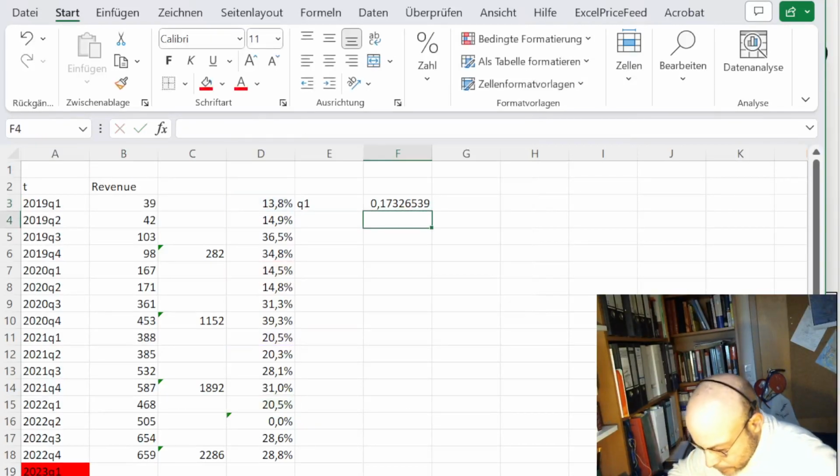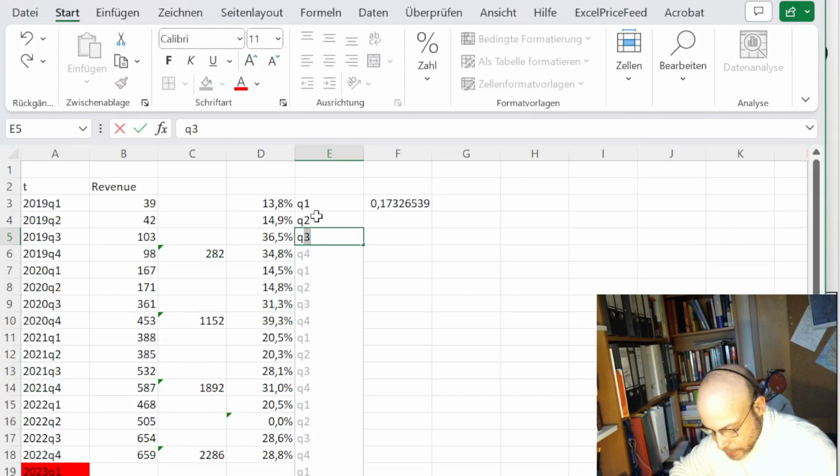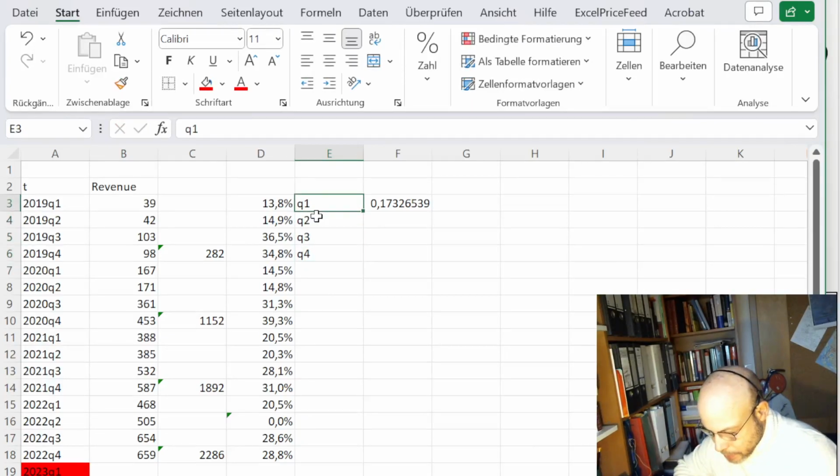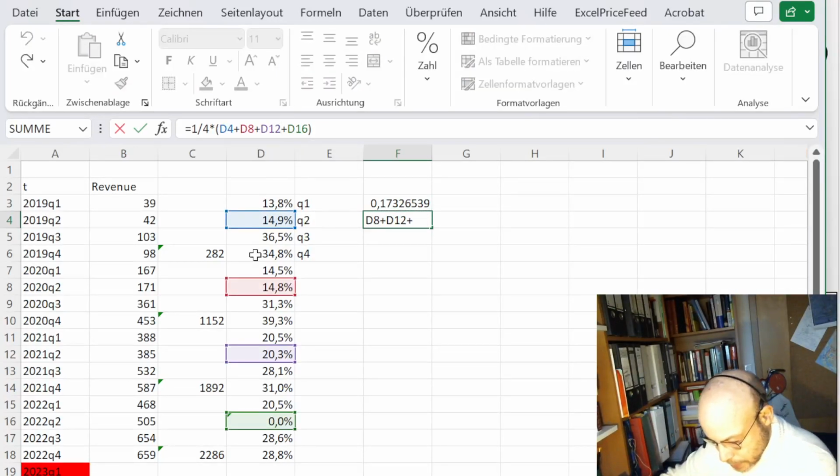Now I have the right series, and this of course I can just copy downwards, because if I copy this, the cells just move one line below, and here we see that this is okay.